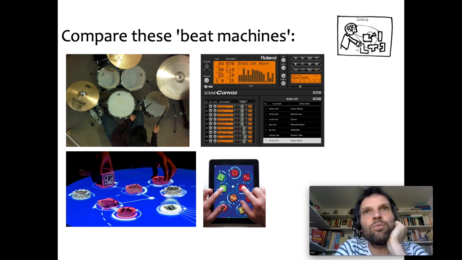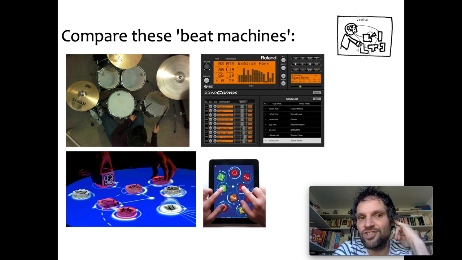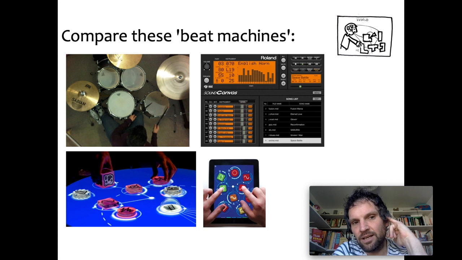So what is the difference between tangible and non-tangible interaction? It's not a black and white difference, I guess. In actual systems, it's always a mix of different things going on at the same time. But for example, if you compare these different ways of making drum beats: top left you have a classical, analog drum kit.